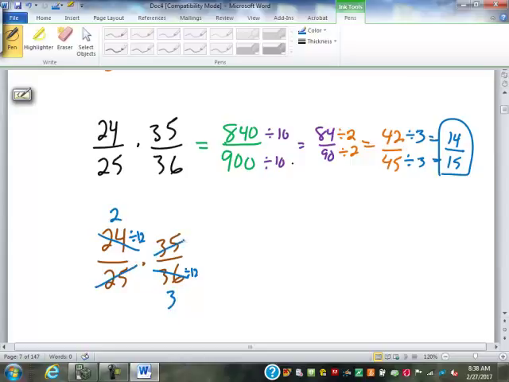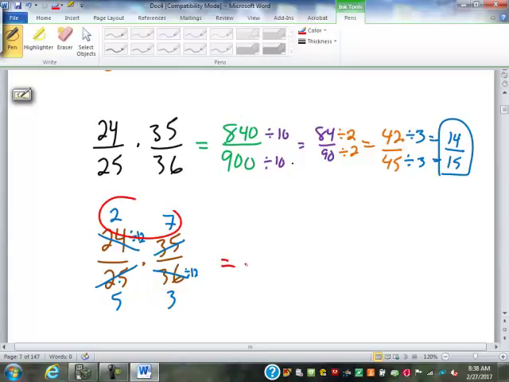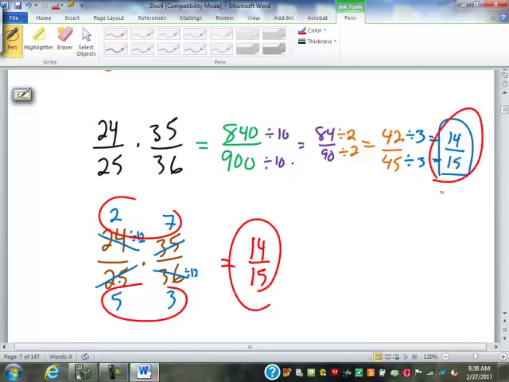How about 25 and 35? Those can both be divided by what? 5. 35 divided by 5? 7. 25 divided by 5? 5. And now we can multiply. 2 times 7 is 14, and 5 times 3 is 15. To me, this is a lot less work if we can reduce before we multiply.